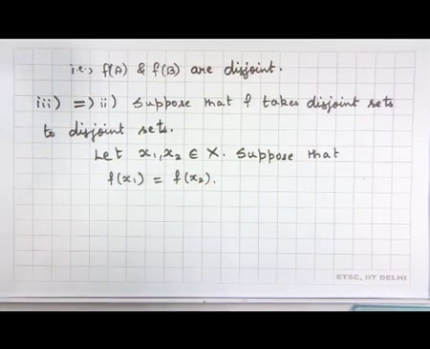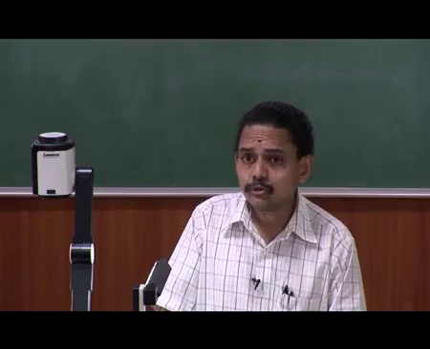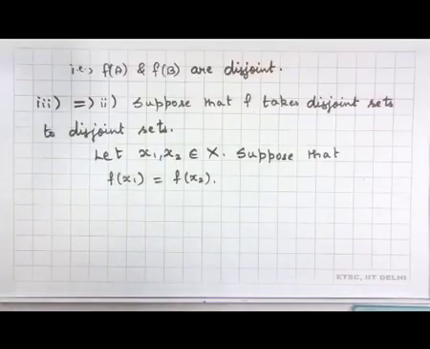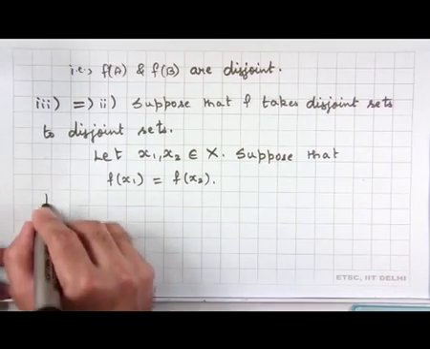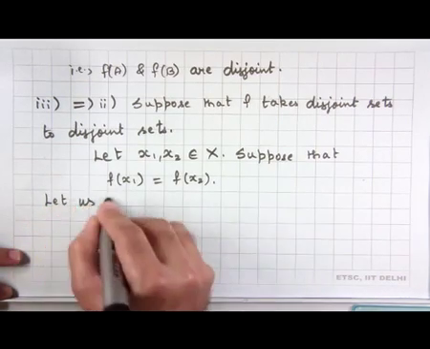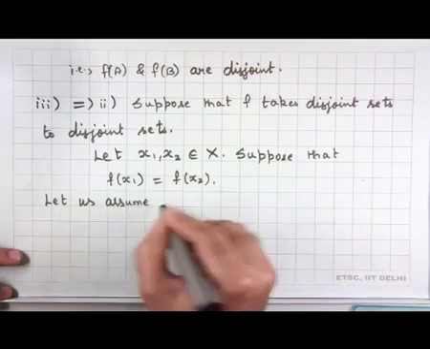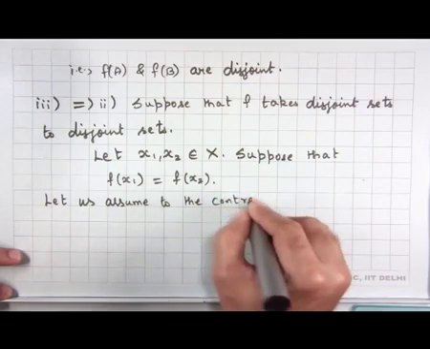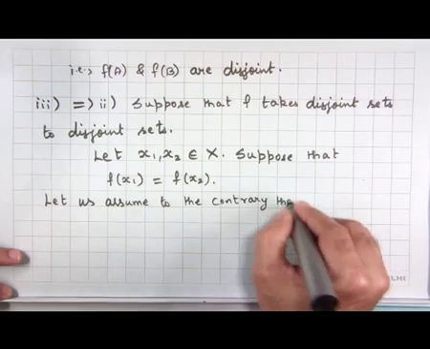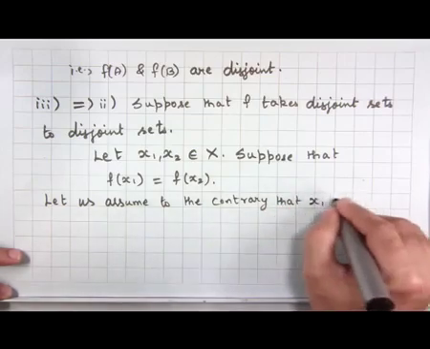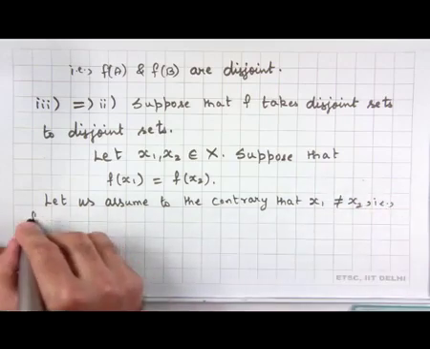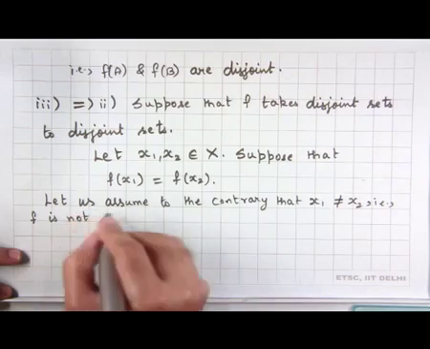So, in order to show that f is 1 1, what we will have to show is that x 1 equal to x 2. Now, suppose that you have these two, f of x 1 equal to f of x 2. So, let us assume to the contrary that x 1 is not equal to x 2, that is, f is not 1 1.